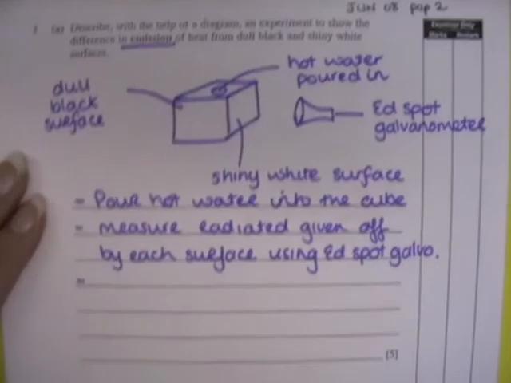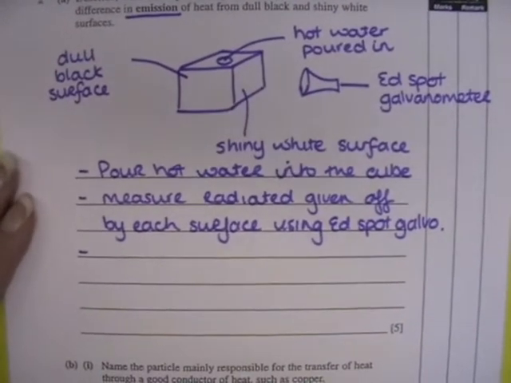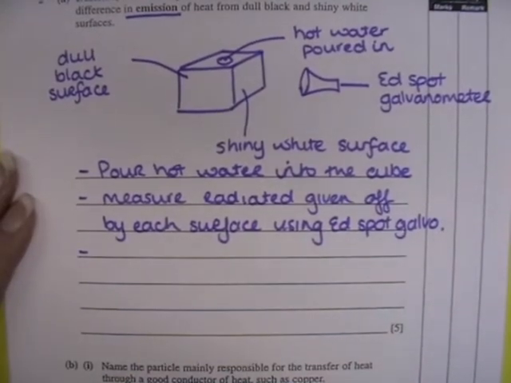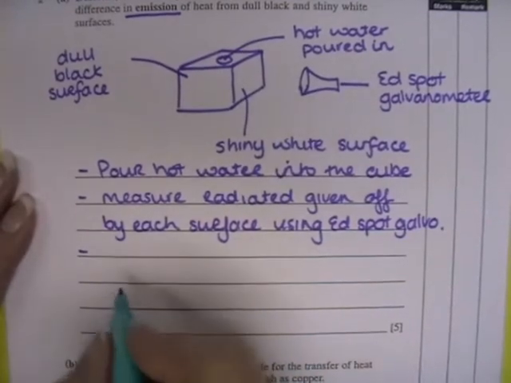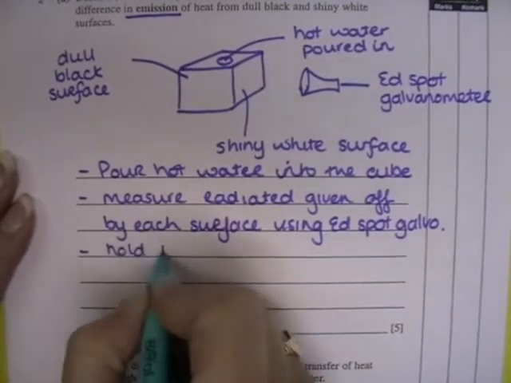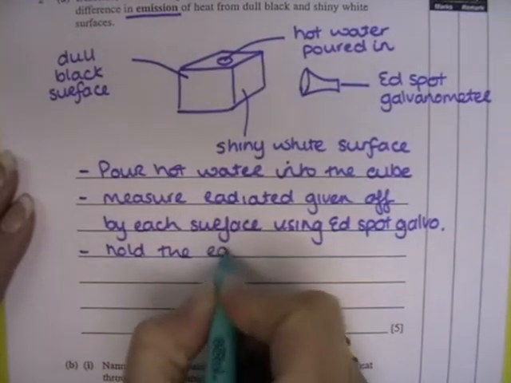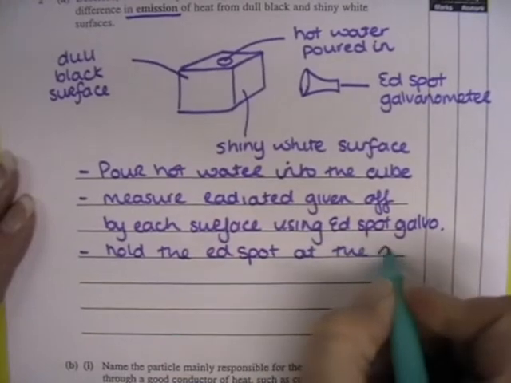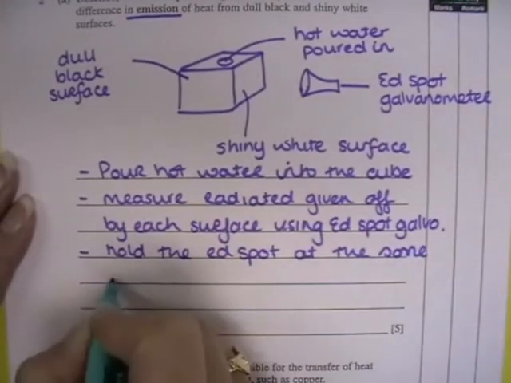When we're measuring that radiated heat, one of the things we need to be careful of is that the Edspot galvanometer is at the exact same distance from each surface. So hold the Edspot at the same distance from each surface.